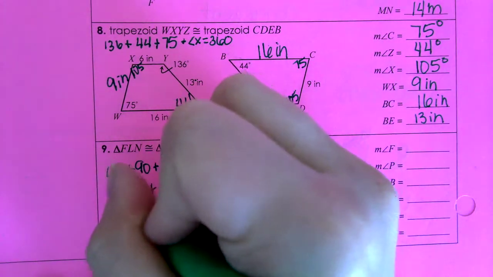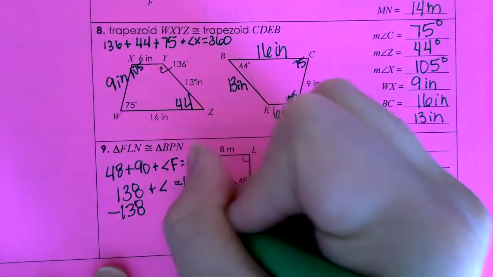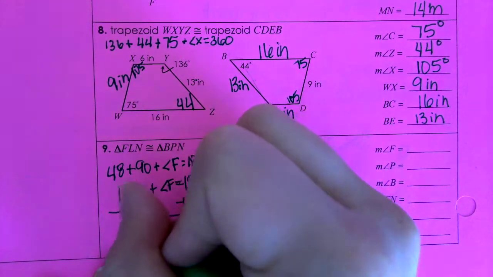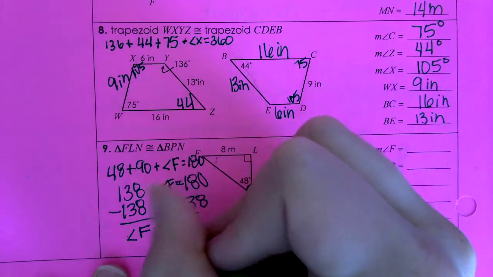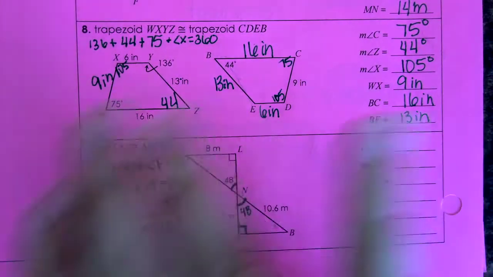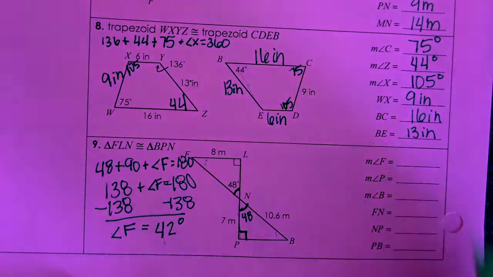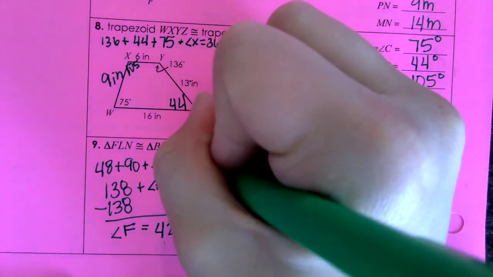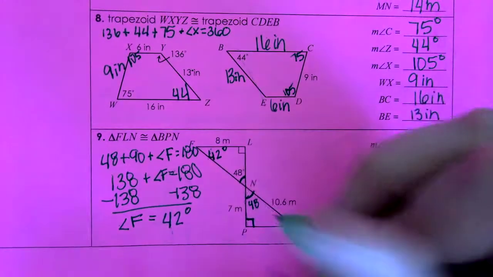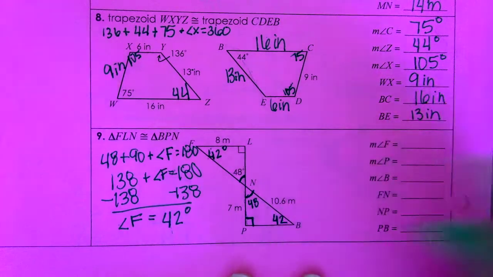I'm going to subtract off 138. And you're going to get that angle F is going to equal 42 degrees. That's what we did above here. I just didn't show those middle steps. So if you're confused about what I was doing, that's what I was doing up above there. So this angle right here is 42 degrees, which also gives me that this angle is 42 degrees.